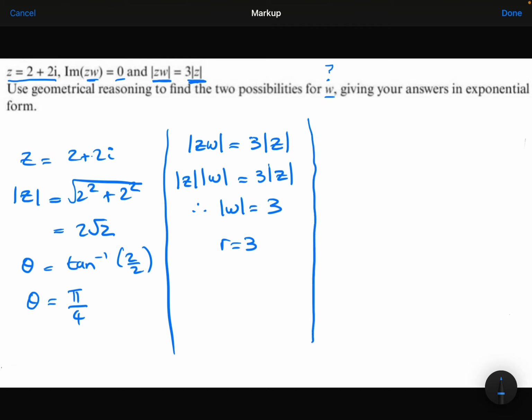I am also told that the imaginary part of zw is equal to 0. So that would mean that on the Argand diagram, if the imaginary part is 0, then it would have to be on the real axis, either here or here somewhere.